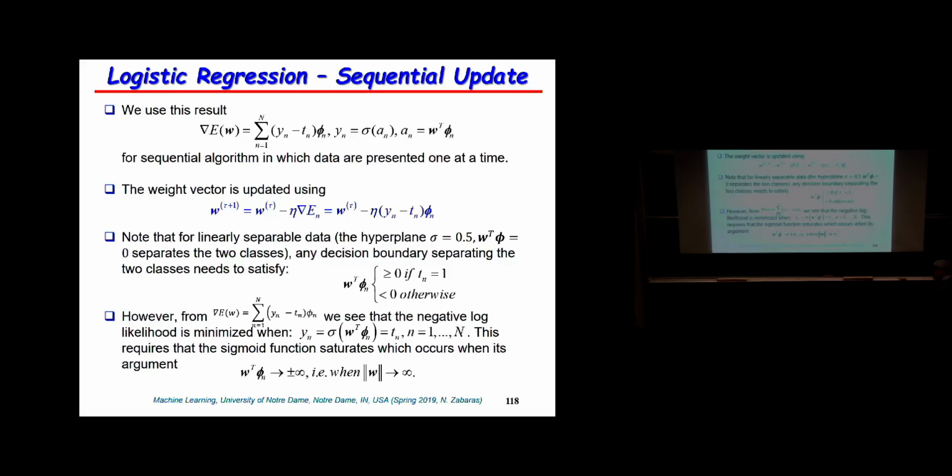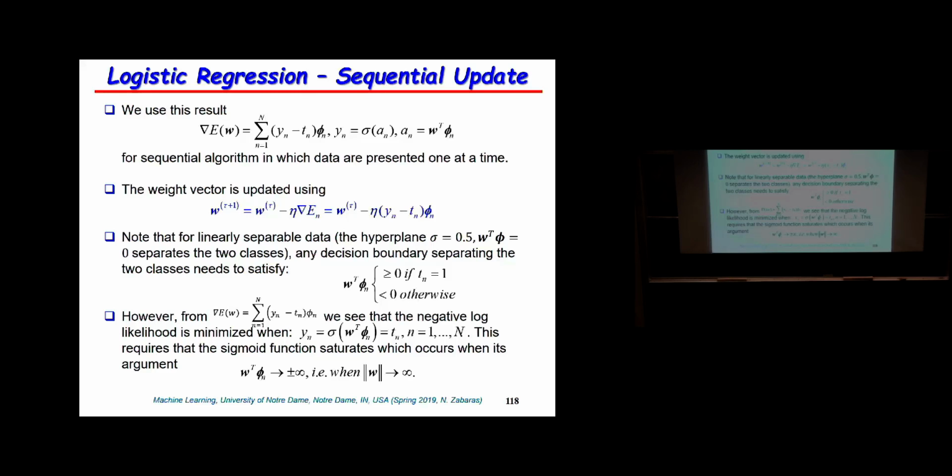So I want you to think about how the sigmoid looks like, right? It looks like 0, and then it flattens. So this says that for every point n, Yn equals Tn. So what happens to that sigmoid if for every point n it is going to give you Yn equal to Tn, and Tn, remember, is 0 or 1?